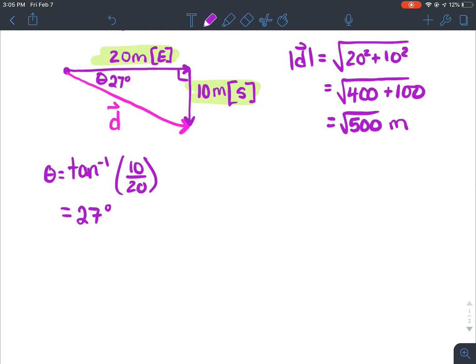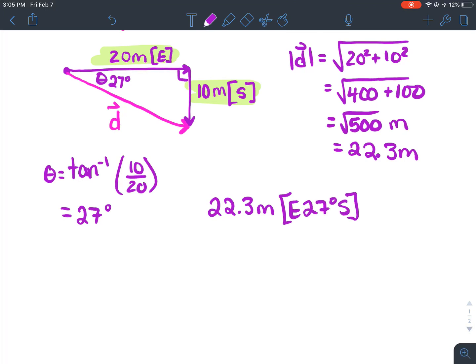Sorry, what's the square root of 500? Should I know that? Okay, sorry. So that's 22.3 meters. So I can describe this person's walk as 22.3 meters, and then maybe I want to say east 27 degrees south.